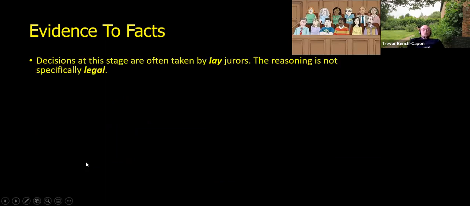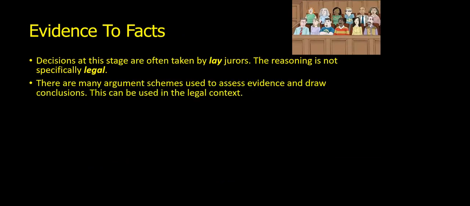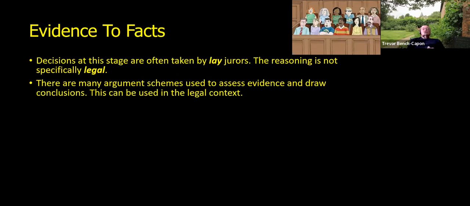For moving from evidence to fact, we note that decisions at this stage are often taken by lay jurors, not by lawyers. And the reason that this is possible is that the reasoning itself is not specifically legal. And there are many argument schemes that we use every day to assess evidence in order to draw conclusions. And all these things can be used in the legal context.